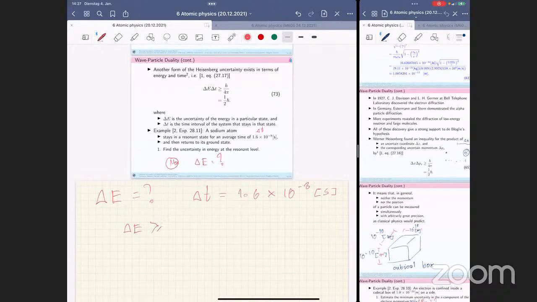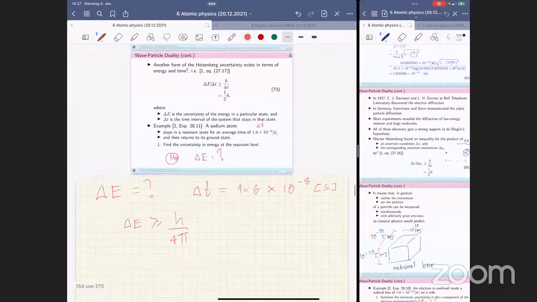Okay, the uncertainty of the energy is greater than or equal to h by 4 pi, right?